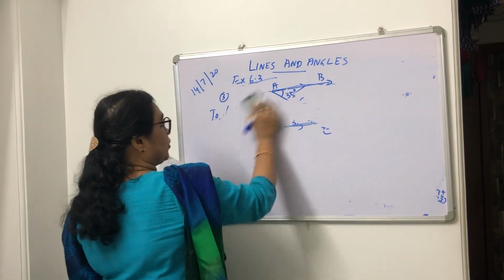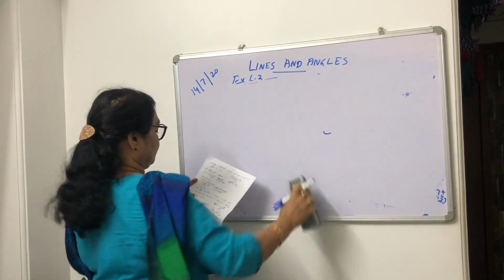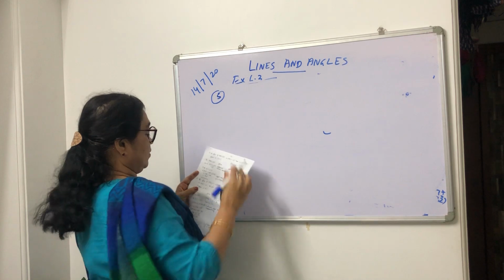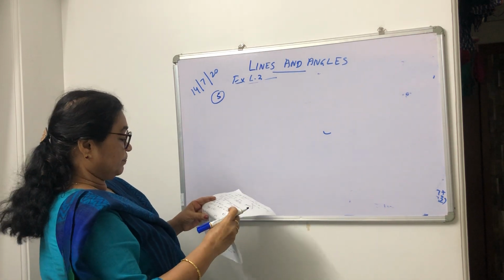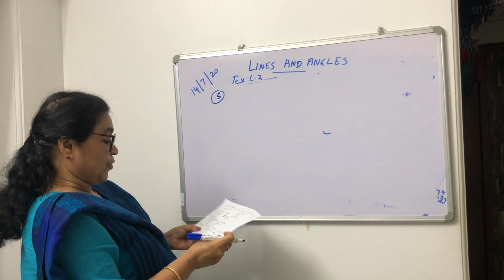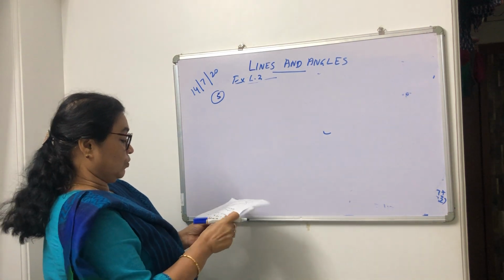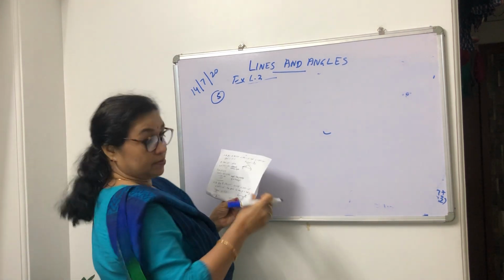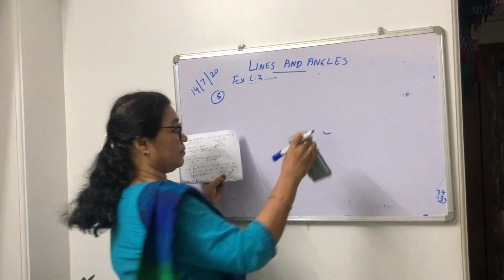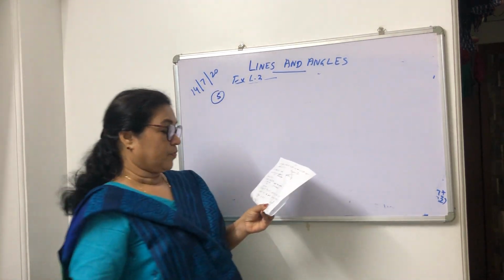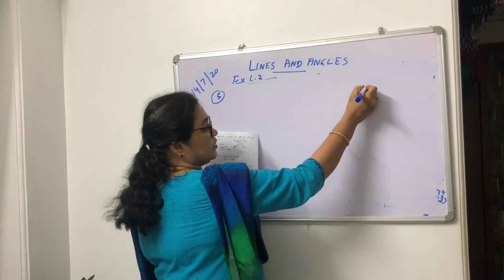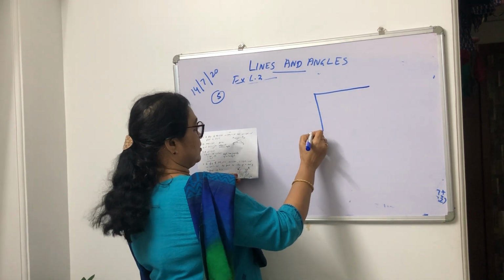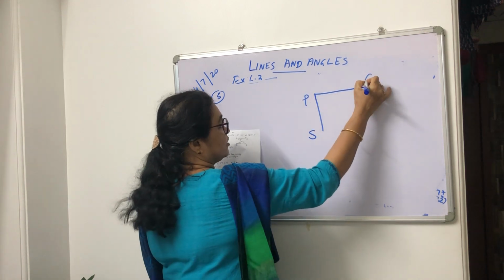Fourth one is simple, you can do it by yourself. Fifth one, in the figure, PQ is perpendicular to PS. This is SP and this is QP.